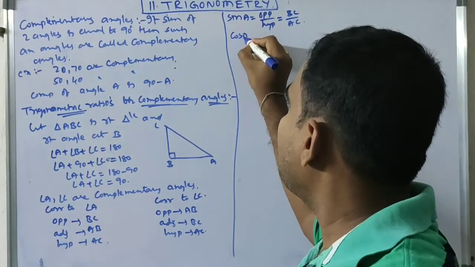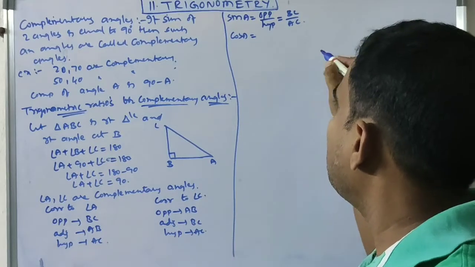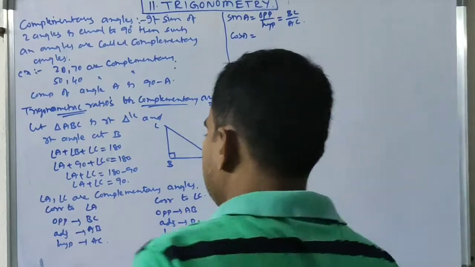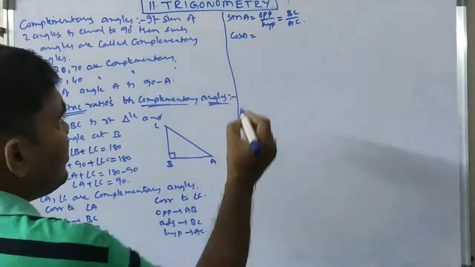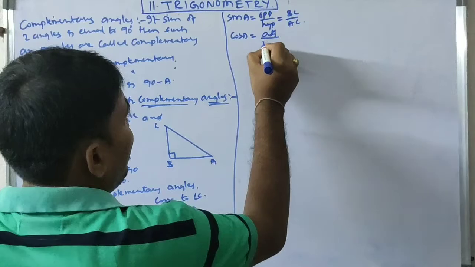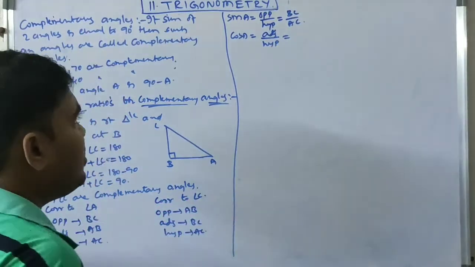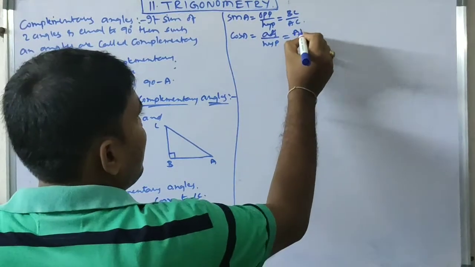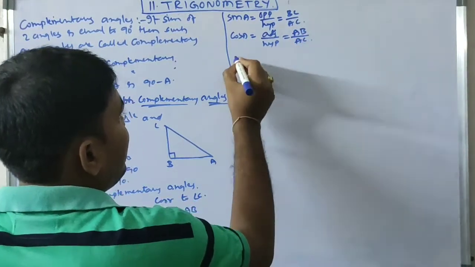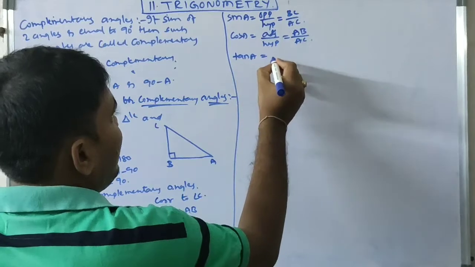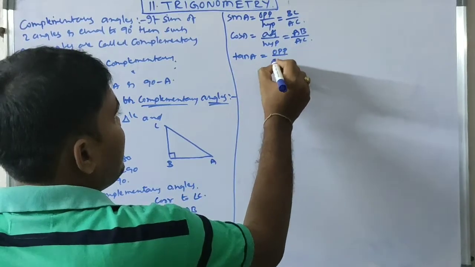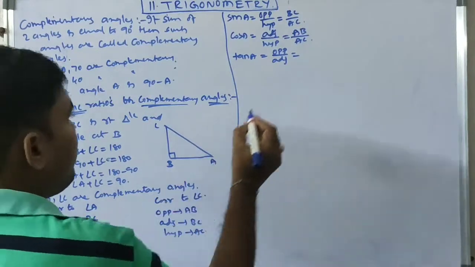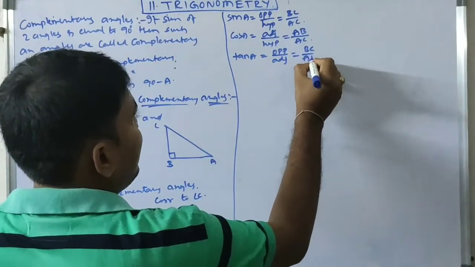Cos A equal to adjacent by hypotenuse. Adjacent equal to AB, hypotenuse is equal to AC. Tan A equal to opposite by adjacent, so opposite equal to BC, adjacent AB.